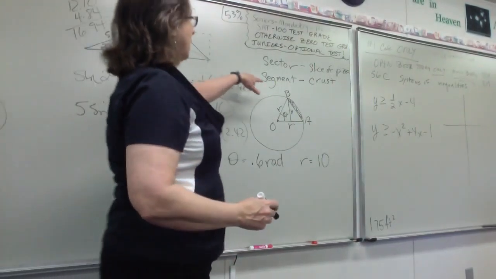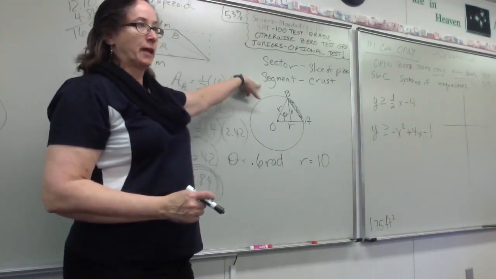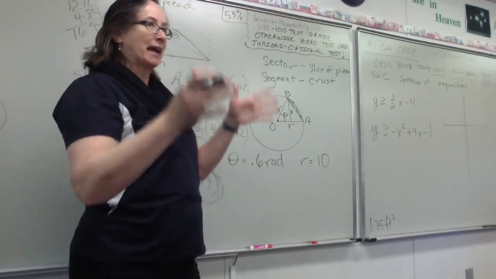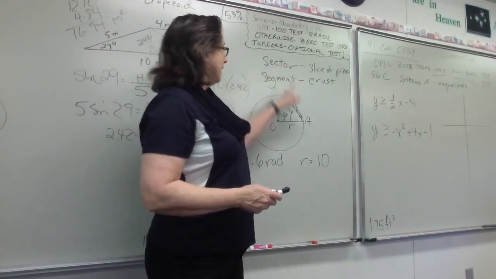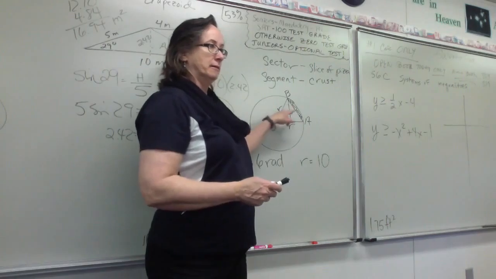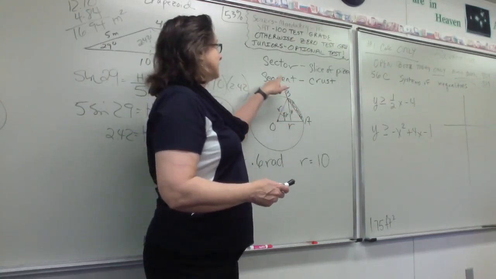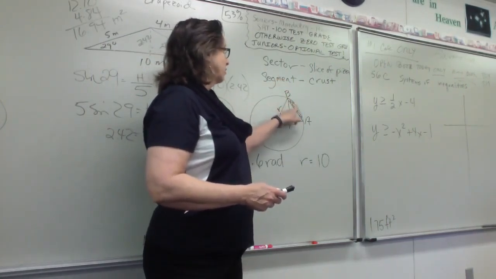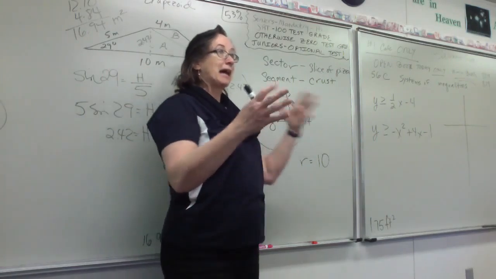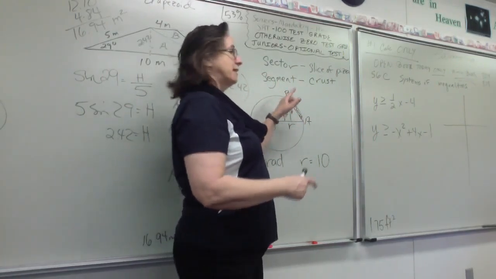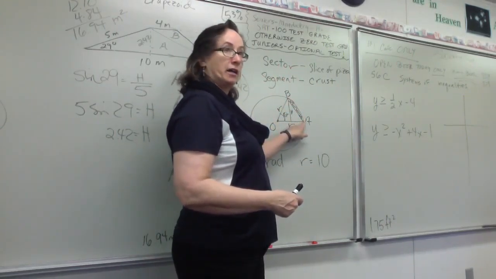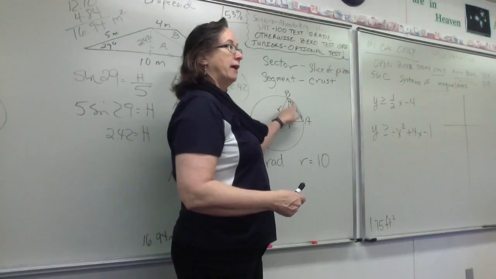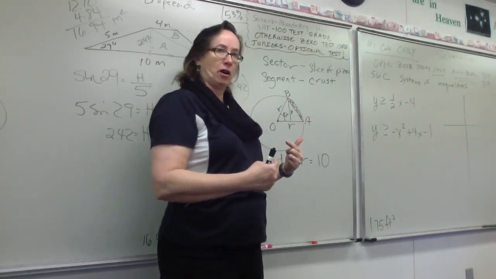Now we're talking about sectors. The easiest way to remember sectors and segments is that the sector is the whole slice of pizza, and the segment is the crust of the pizza. A segment is defined as the space in between the arc and the chord that goes through the endpoints of the arc.